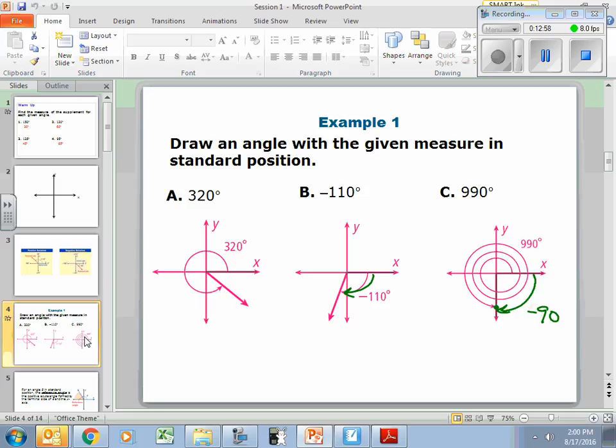They might do a thing where they go all the way around in radians and call this 2 pi. If they went all the way past that and stopped here, that would be 2 pi plus one more. This happens to be pi over 2.